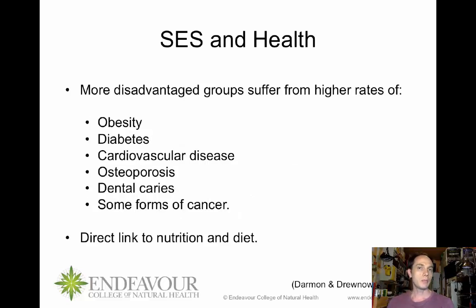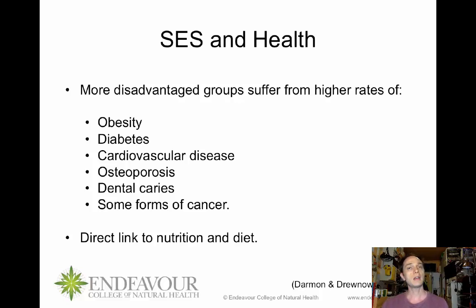So people who come from lower socioeconomic groups tend to suffer from higher rates of obesity, type 2 diabetes, cardiovascular disease, osteoporosis, dental caries, and some forms of cancer. And we know that a lot of these conditions, or all of them, can be directly linked to diet and nutrition.